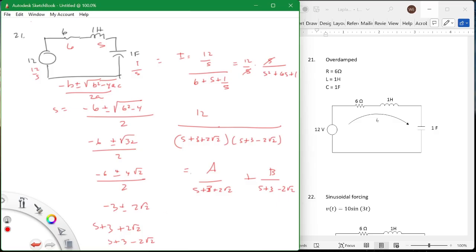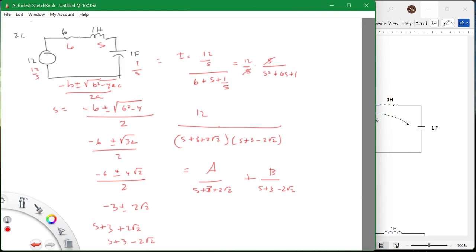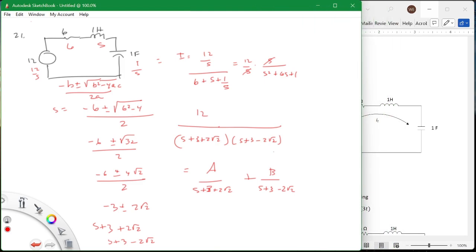Now what you got to do is let S equal minus 3 minus 2 square root of 2, and let S equal minus 3 plus 2 square root of 2, to get rid of these, make the opposite of these. So it's equal to what? 12 is equal to A times S plus 3 minus 2 square root of 2 plus B times S plus 3 plus 2 square root of 2.